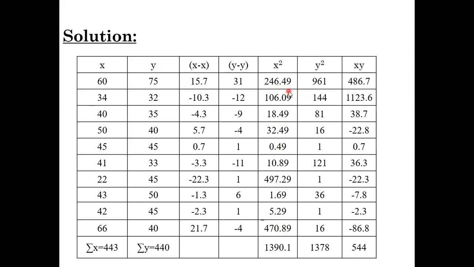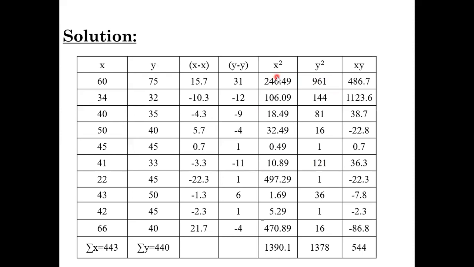Similarly, you have to do the Y square. Whatever Y value you get here, 31 into 31, 12 into 12, 9 into 9, 4 into 4, 1 into 1, 11 into 11. Like that, you will get all the values here. This is called Y square.